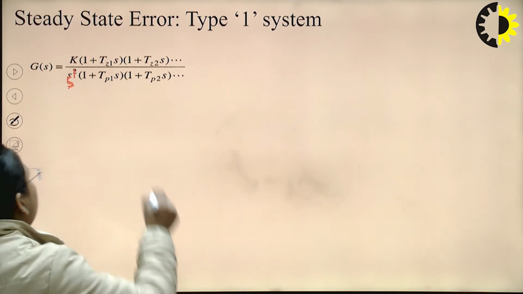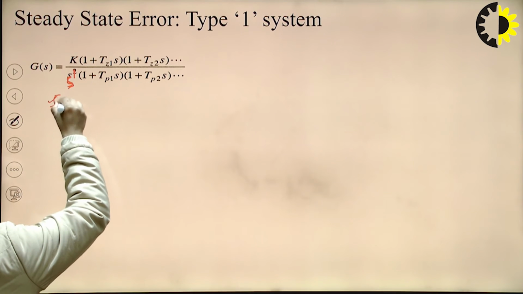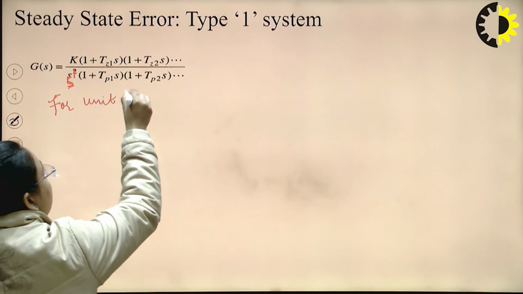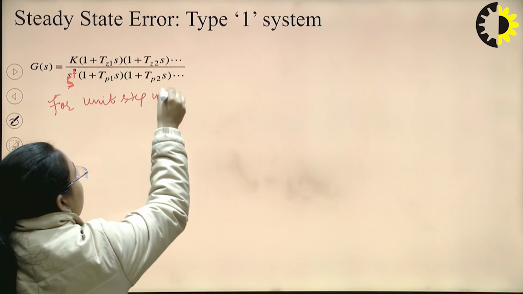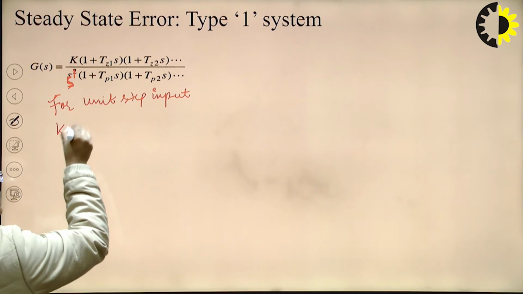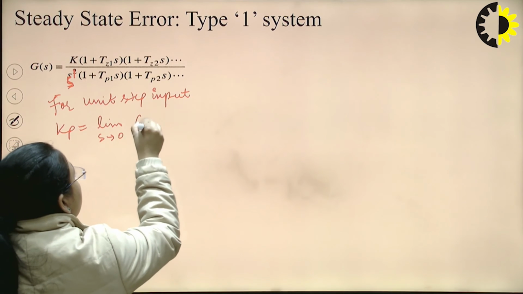Now again here we'll calculate this for unit step input, right? That means Kp will be equal to limit S tends to 0 of G(S).